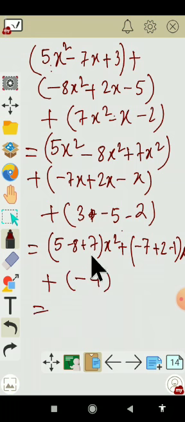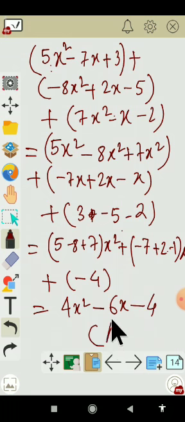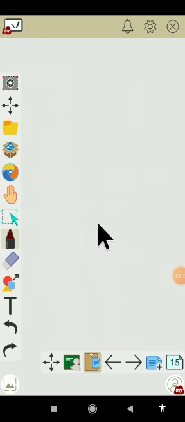So here we are getting 4x square and minus 6x and minus 4. This is the addition of the algebraic expressions.